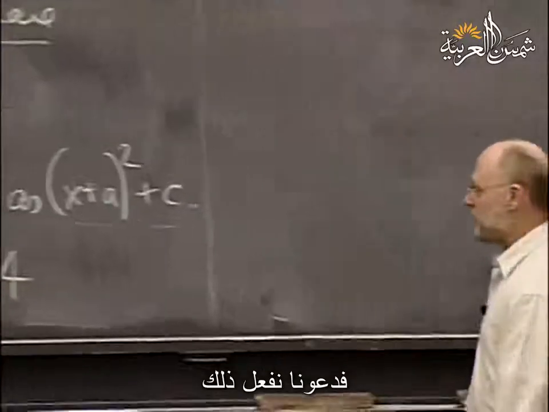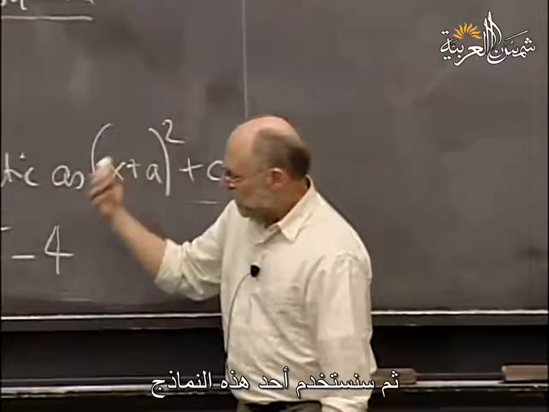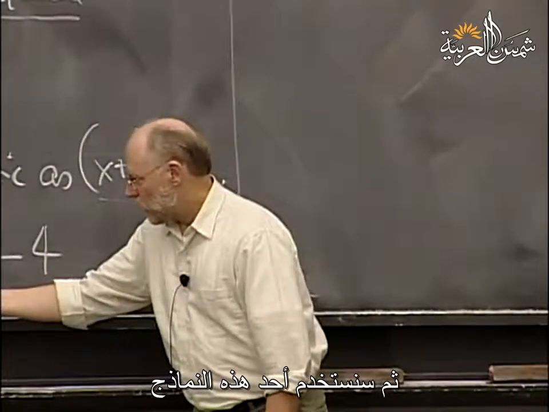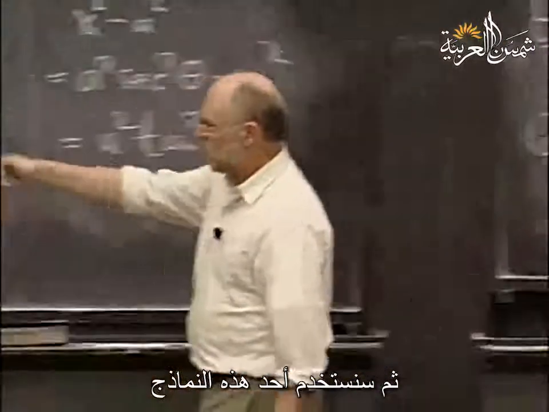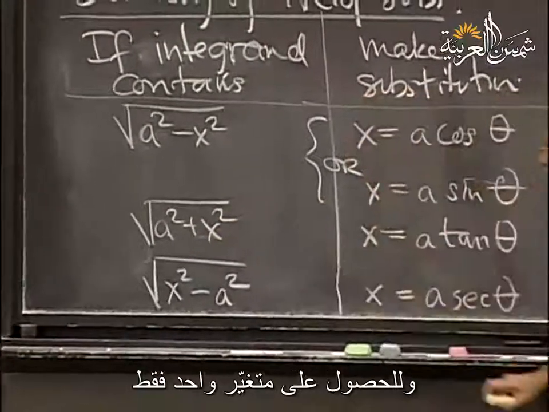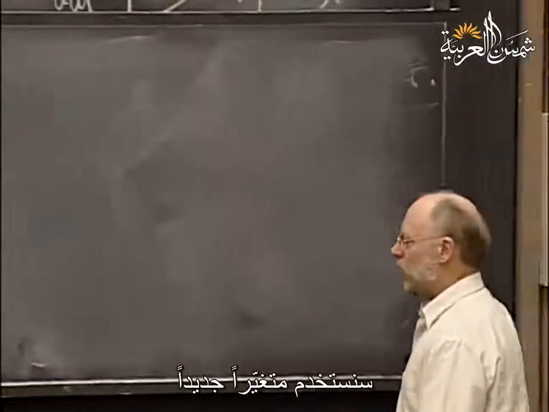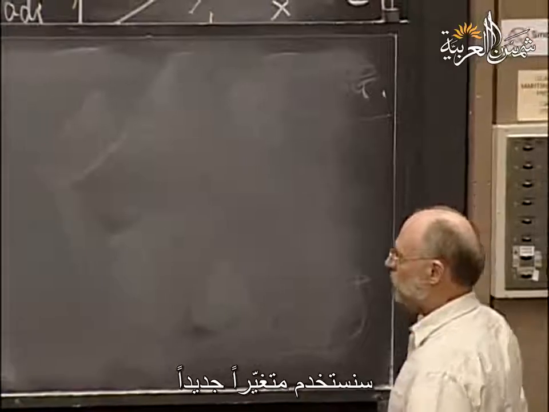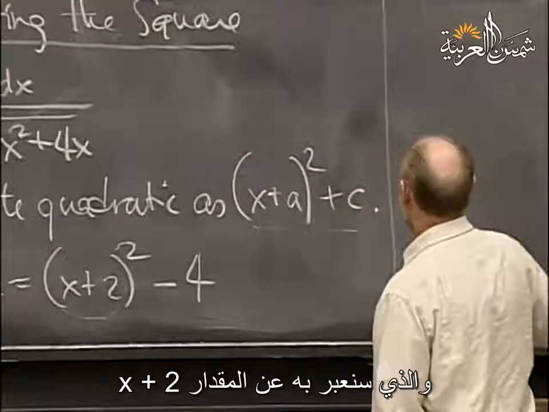So let's do that. I can rewrite this denominator like this, and then I'm going to try to use one of these forms over here. In order to get a single variable there instead of something complicated like x plus 2, I'm inclined to come up with another variable name and write x plus 2 as that other variable name.